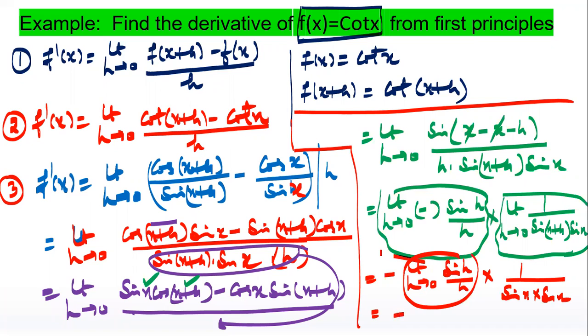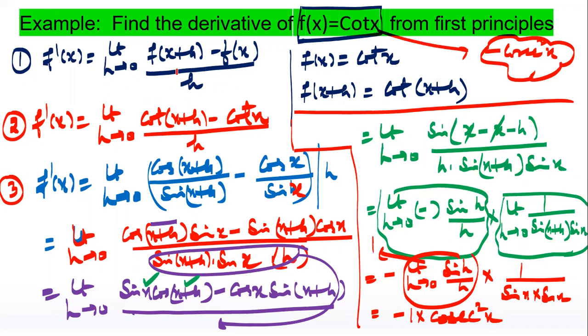So its value is minus 1 into cosec square x. So the derivative of cot x is minus cosec square x. And these are the steps which we follow to find the derivative of cot x using first principle.